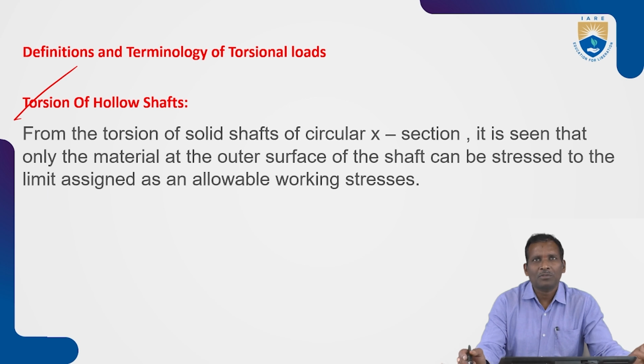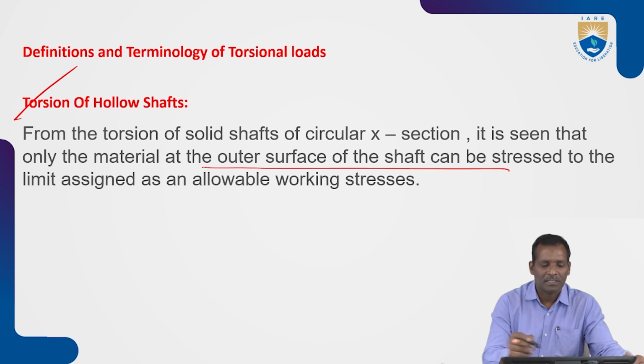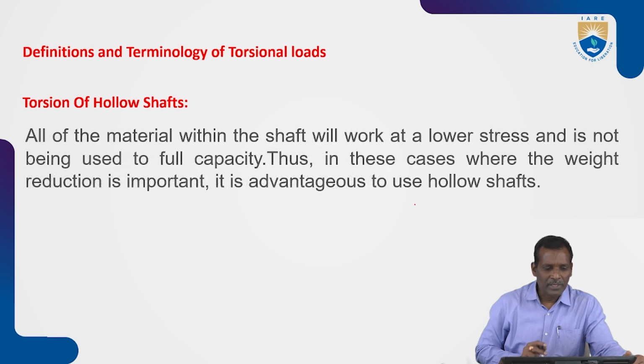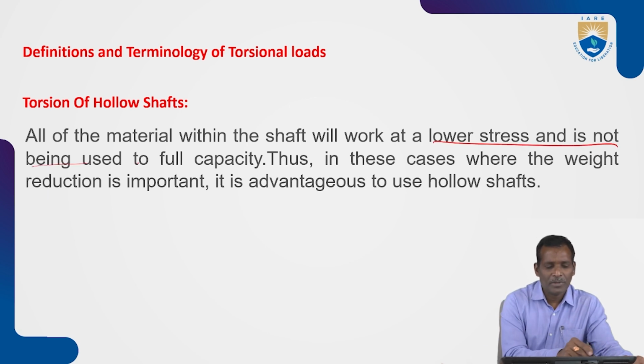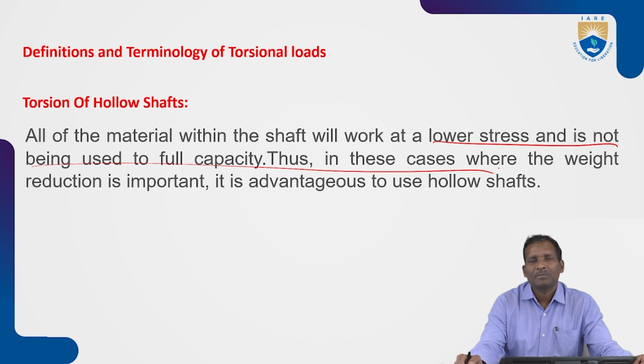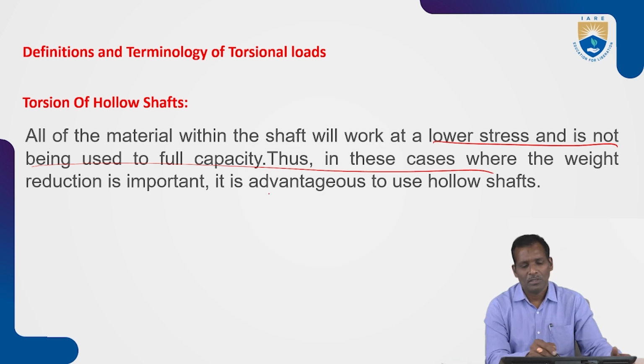From the torsion of solid shafts of circular section, it is seen that only the material at the outer surface of the shaft can be stressed to the limit assigned as the allowable working stress. But in the hollow shaft, the material within the shaft will work at lower stress and is not being used to full capacity. So in cases where weight reduction is important, there are advantages to using a hollow shaft.